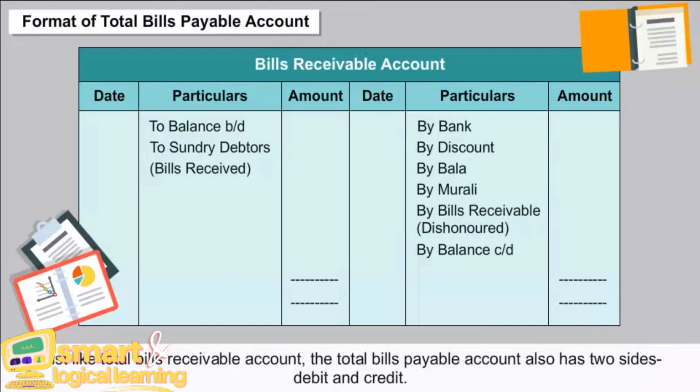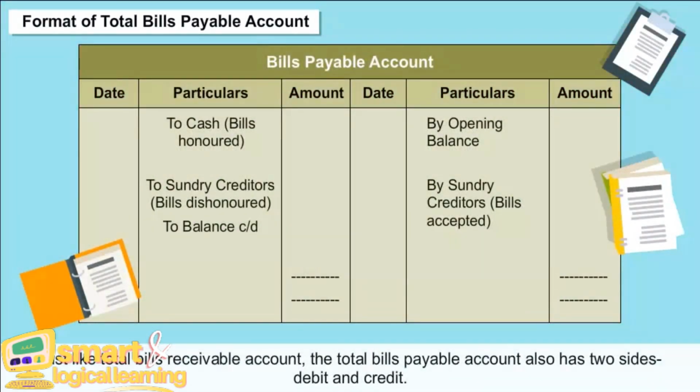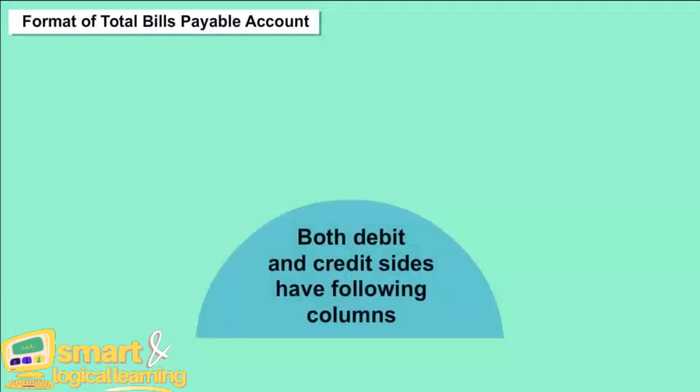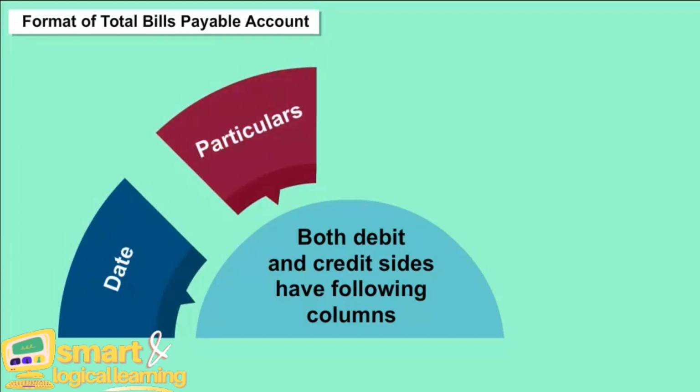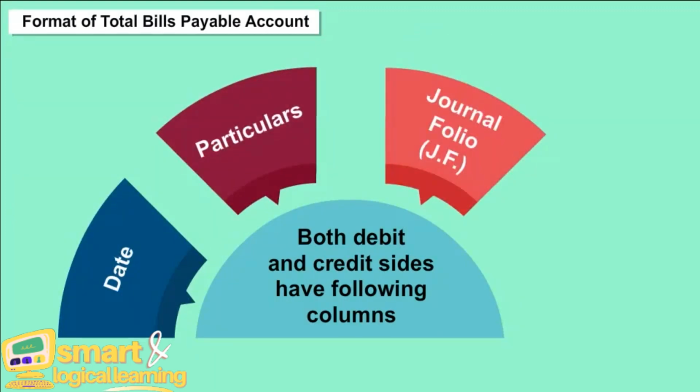Just like total bills receivable account, the total bills payable account also has two sides, debit and credit. Both debit and credit sides have the following columns: date, particulars, journal folio or JF, amount.